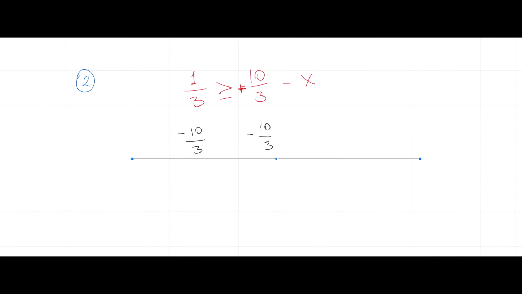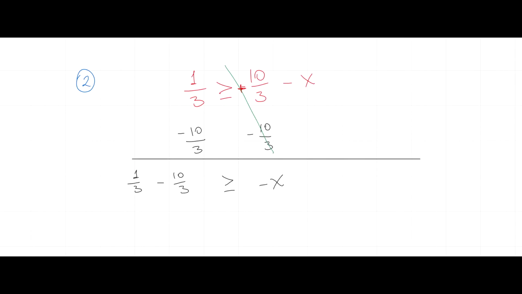Now, we're going to combine these two numbers over here. We have 1/3 minus 10/3. Bring down the sign. These two numbers are going to be canceled out. And bring down the variable.